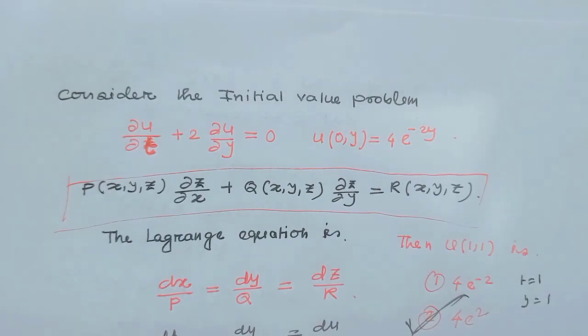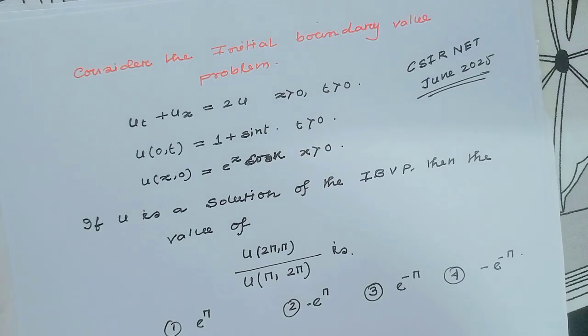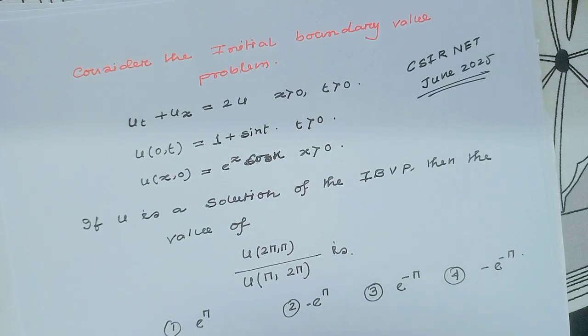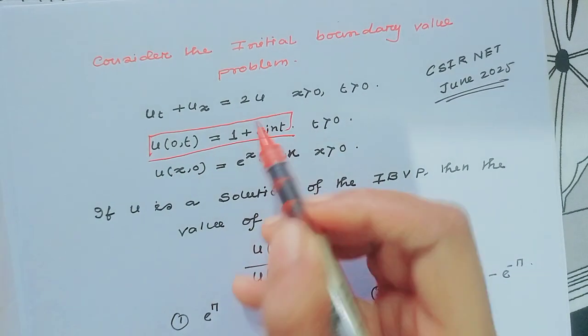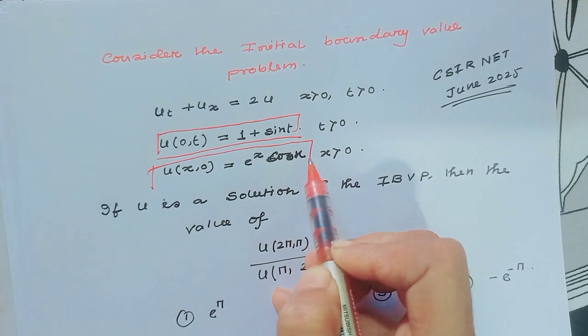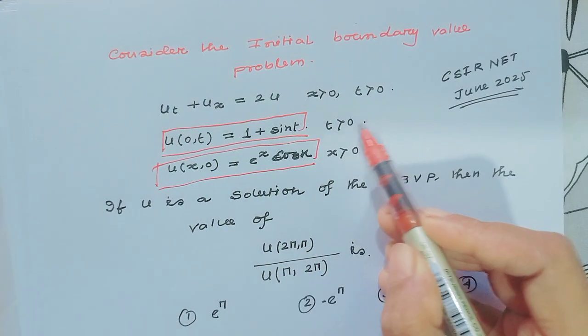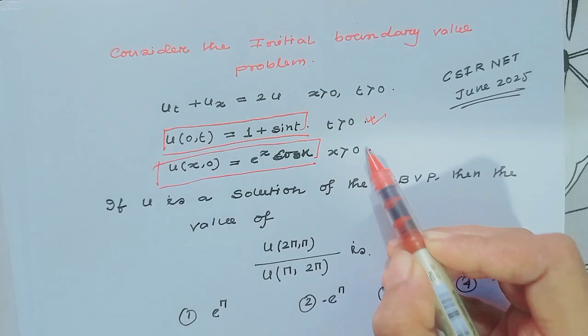Okay. I will see one example which came in the CSIR NET 2025 exam. The question is: consider the initial boundary value problem u_t plus u_x equal to 2u, where x greater than 0 and t greater than 0, where the initial conditions are u(0,t) equal to 1 plus sin t for t greater than 0 and u(x,0) equal to e to the power x cos x for x greater than 0.